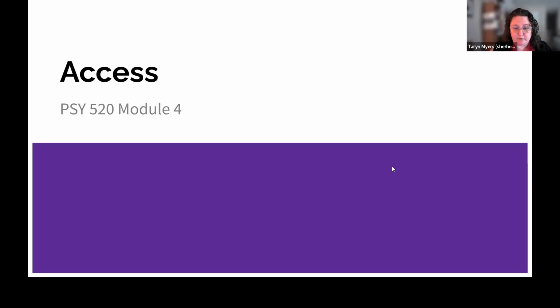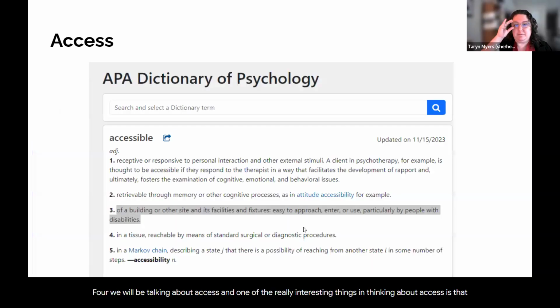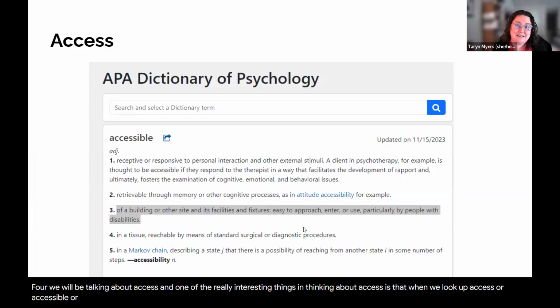Okay, so for module 4, we will be talking about access. And one of the really interesting things in thinking about access is that when we look up access or accessible or accessibility, often what people think of is this number 3 here.